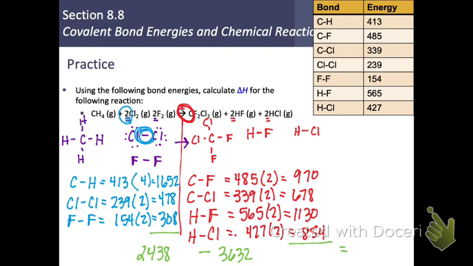So that gives me negative 1194, if I did it right. Yeah, I got 1194. The units are kilojoules per mole. No, not per mole. It's just kilojoules. Sorry. Just kilojoules.